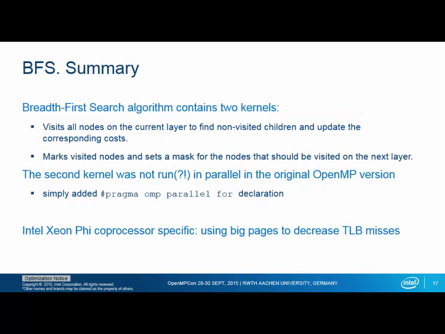With the last benchmark, it was very curious, since we found that the implementation consists of two kernels, and for some reason we don't know, in the OpenMP version the second kernel was not parallelized with OpenMP. We just added #pragma omp parallel for and got the performance.